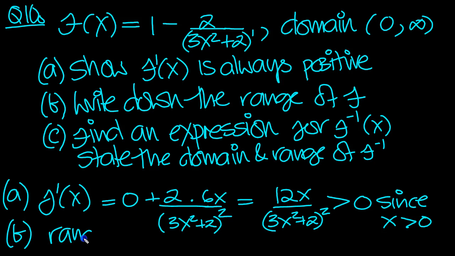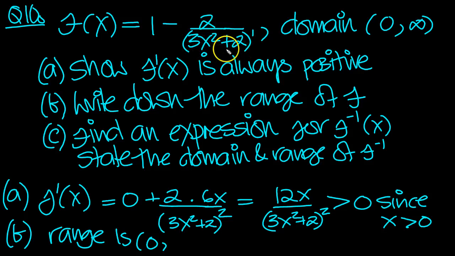Range is 0, and then it increases, doesn't it? Because f dashed is positive. So it increases. So if we put in, say, 1,000 here, we get 1,000 squared. And that will be 3 lots of 1,000 squared plus 2, which is a huge number.